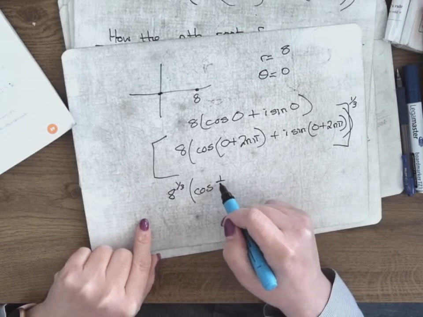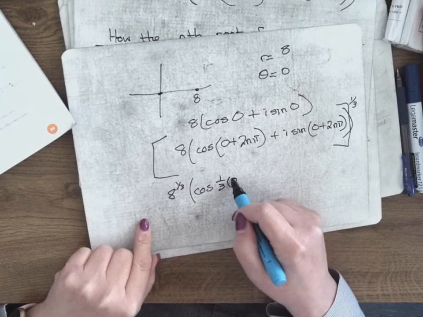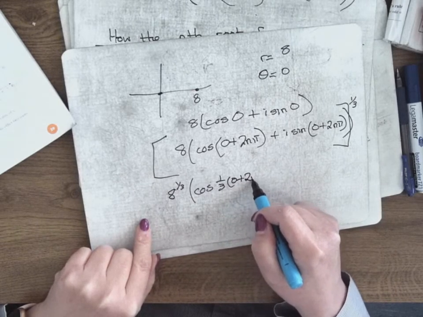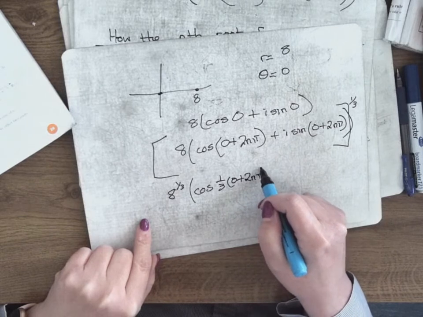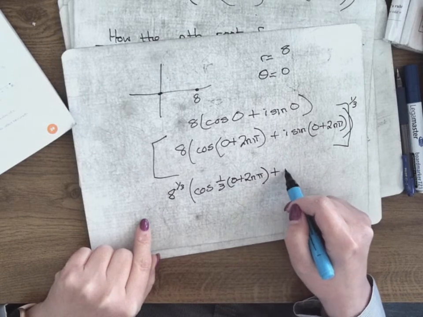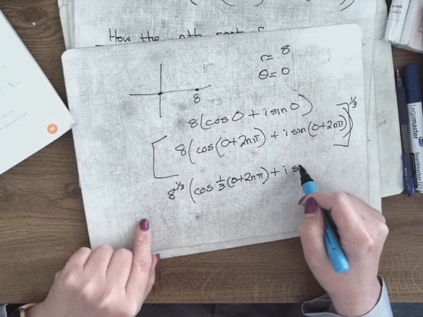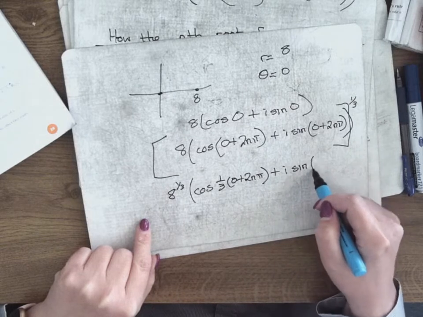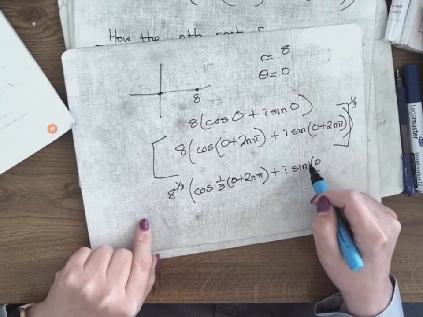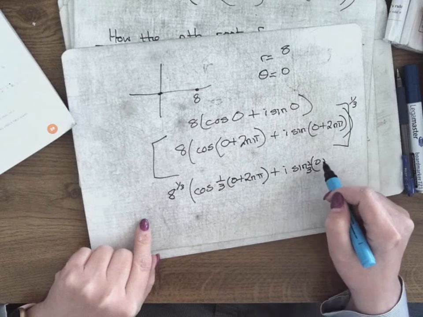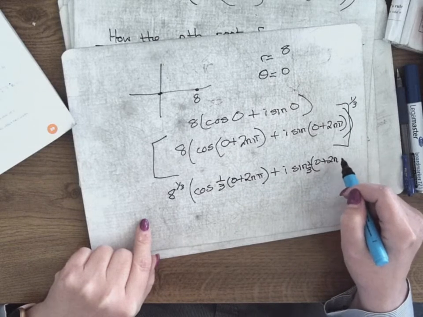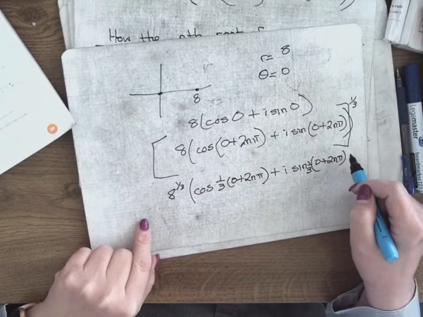So 1/3 times 0 plus 2nπ, plus i sine of 1/3 times 0 plus 2nπ. That was De Moivre's theorem, what we learnt yesterday.